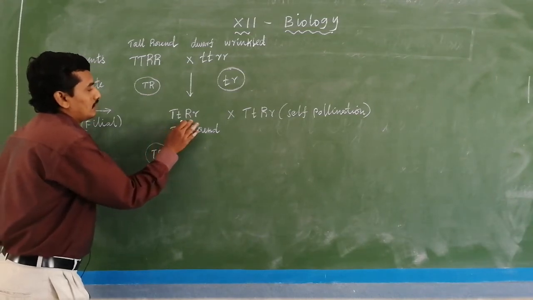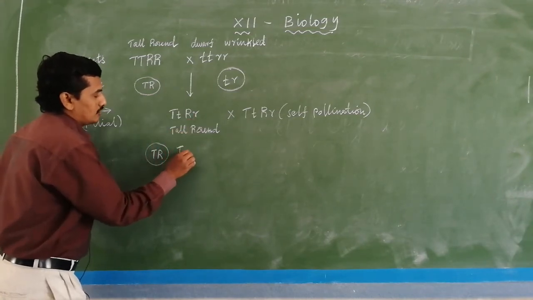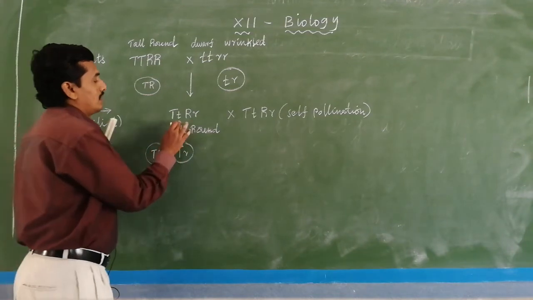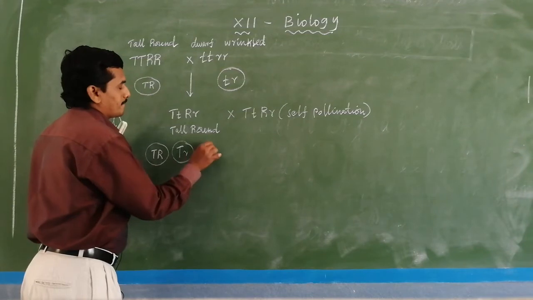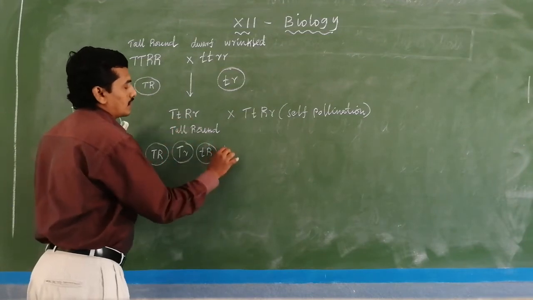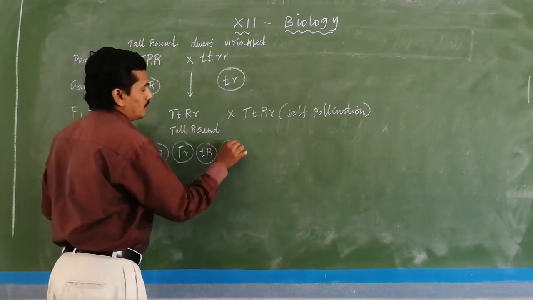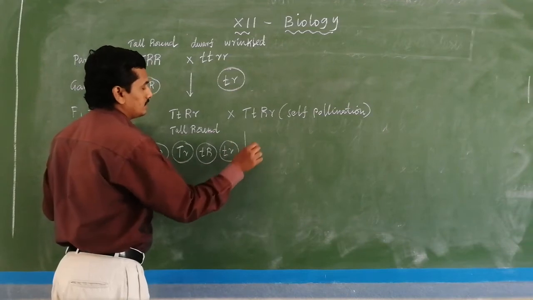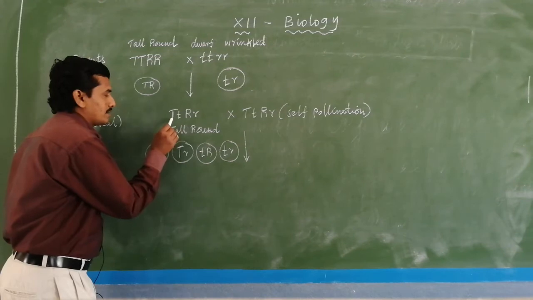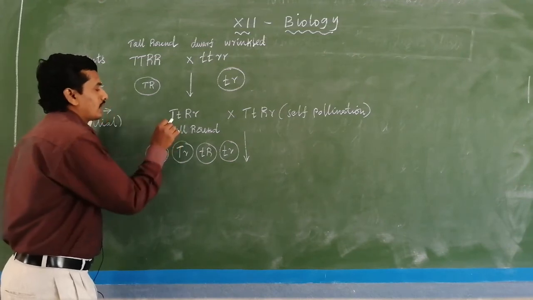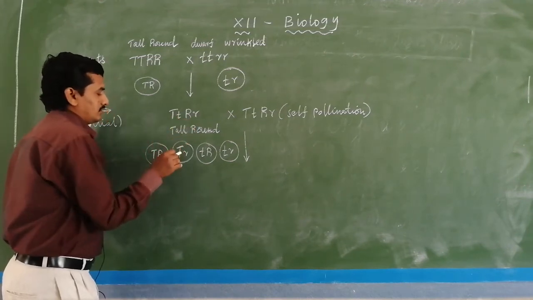Then the first and fourth, capital T small r, is another gamete, and the small t capital R is another gamete, and the small t small r. In the monohybrid cross also we did the same, so do it in your mind.